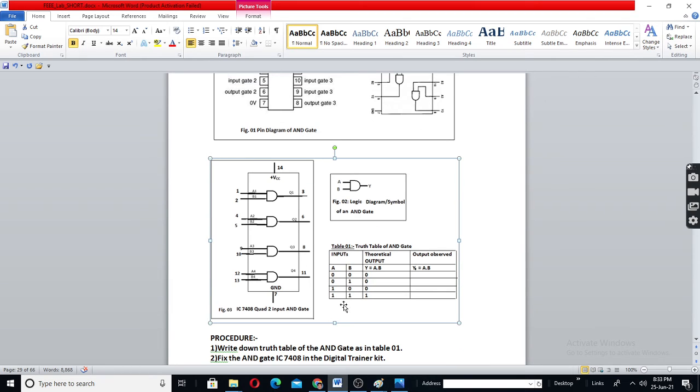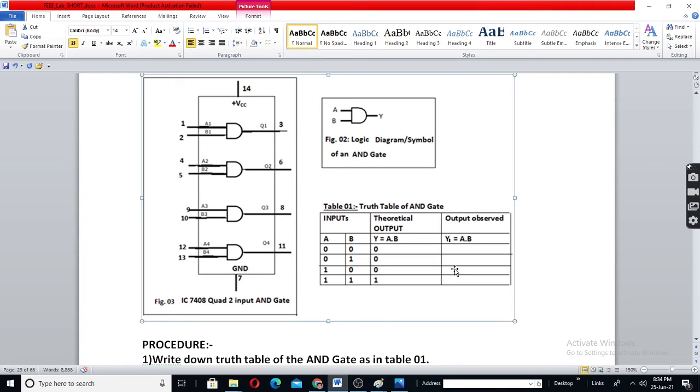Okay. Now this is the truth table of the AND gate. You can see here A and B are the inputs, Y is the output. Sometimes Q is given for output. See A, B, Q, first gate. So A1, B1, Q1 or A1, B1, Y1. You can write anything. A2, B2, Y2 or Q2 like that.